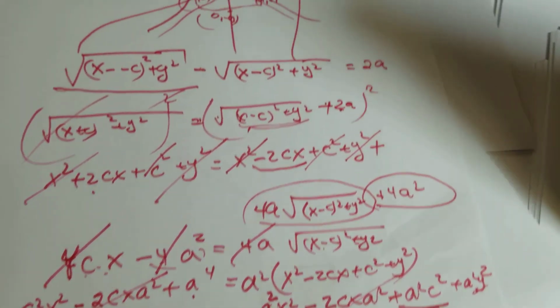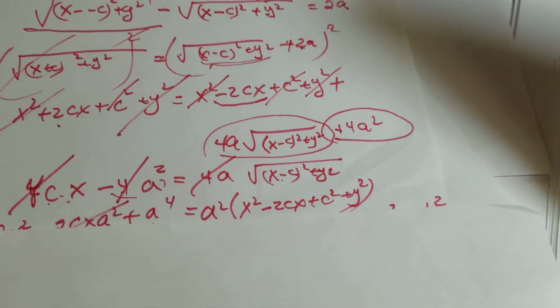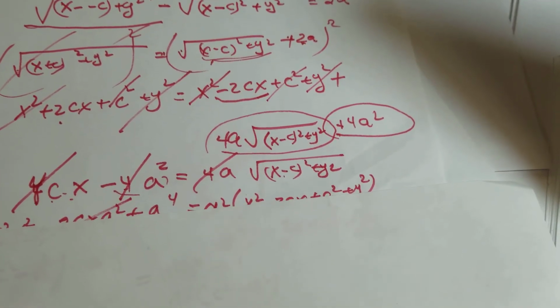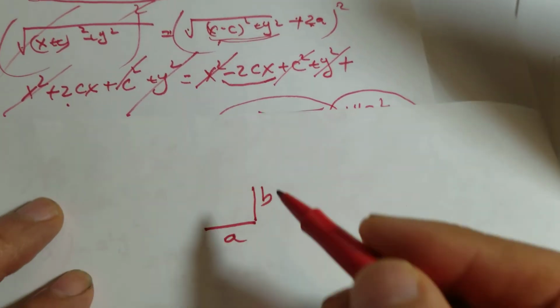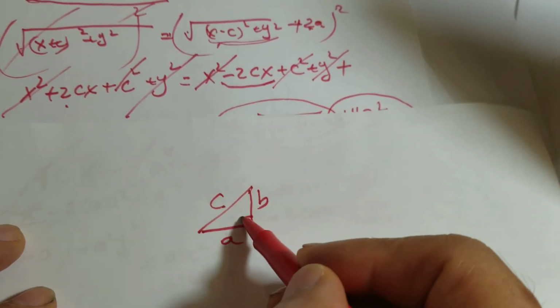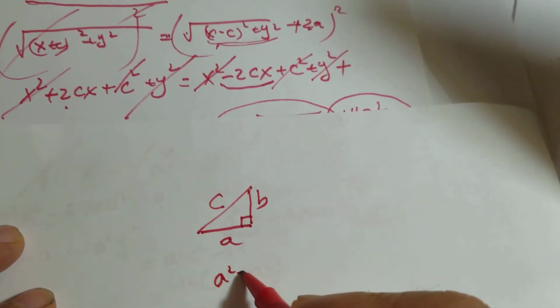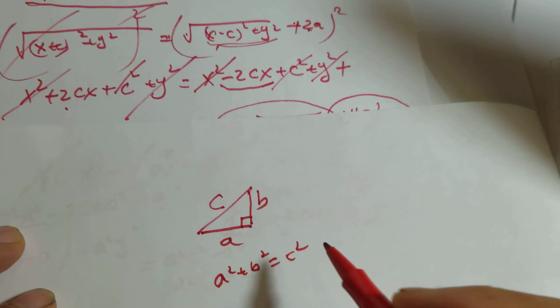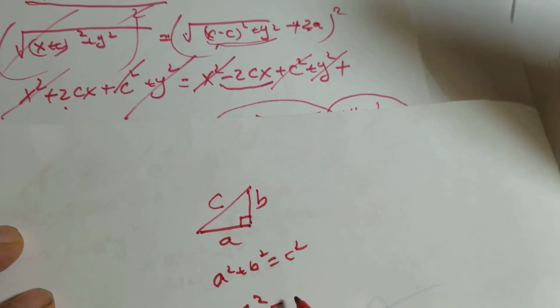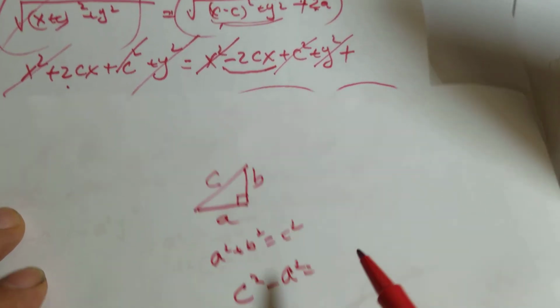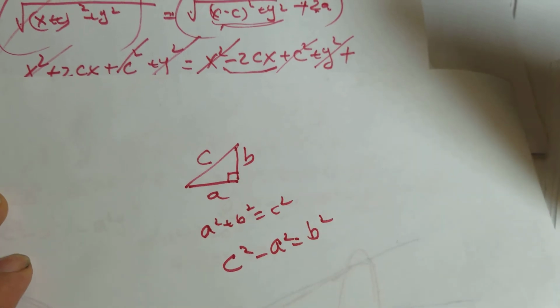And what did he say a few minutes ago? The relationship between a, b, and c, which is the focal point, is exactly a squared plus b squared equal to c squared. And what is c squared minus a squared? It is b squared.